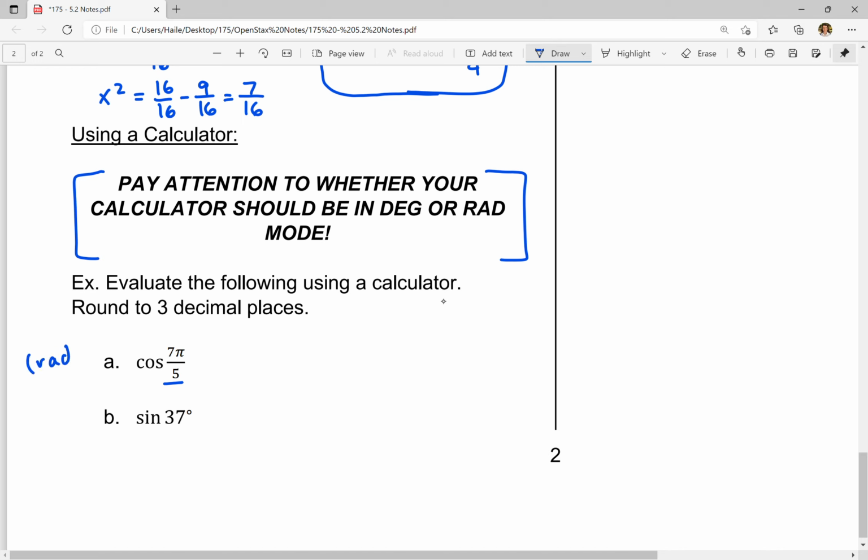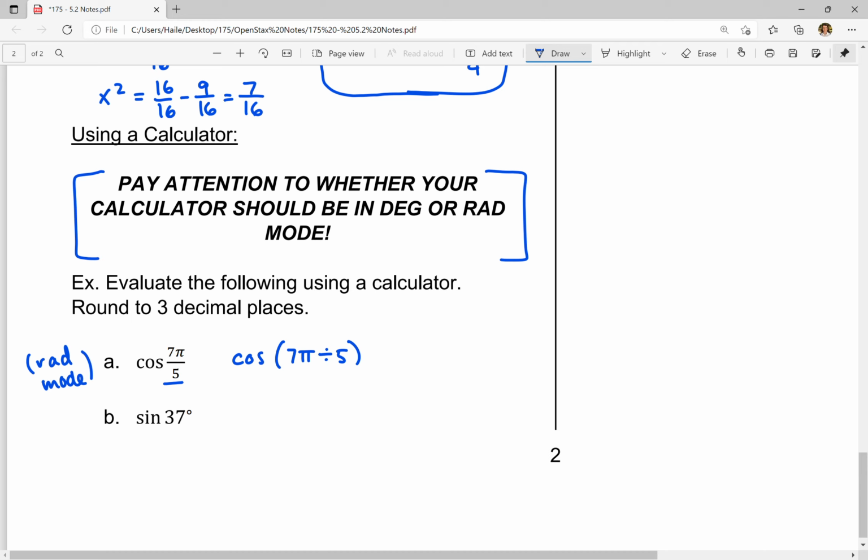So I'm going to write it off to the side here. For part A, we need to make sure that the calculator's in radian mode, and all you need to type in is cosine of 7 pi over 5. So you would type in cosine of 7 pi divided by 5.